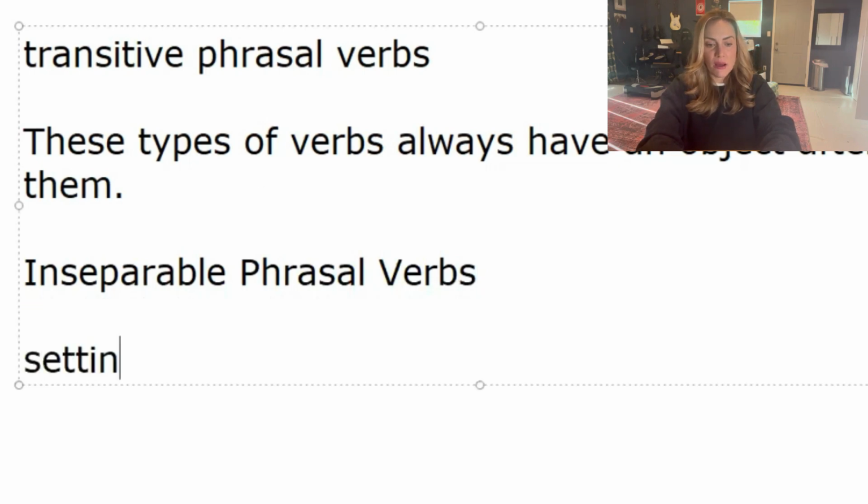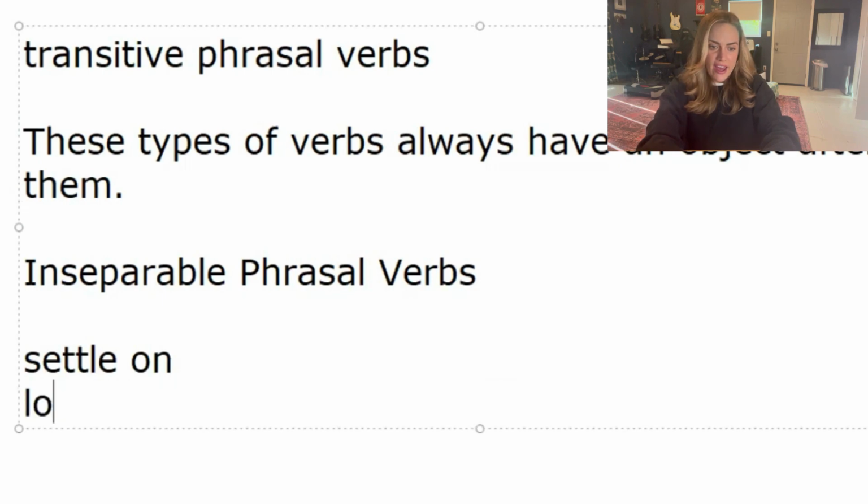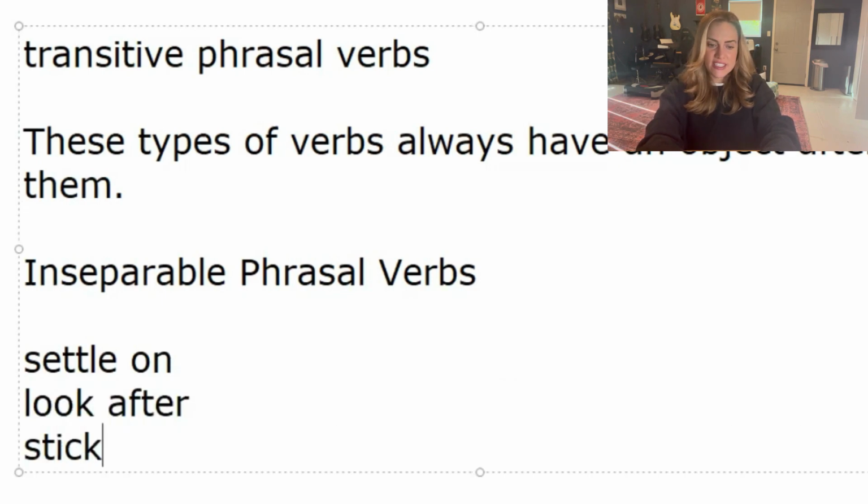So let me give you some examples. Settle on, look after, and stick with. Okay, so these 3 phrasal verbs are examples of inseparable phrasal verbs. So let me show you why. Let me make a sentence with them.